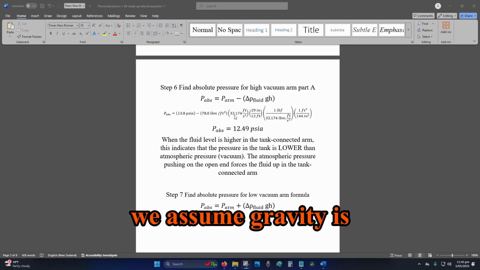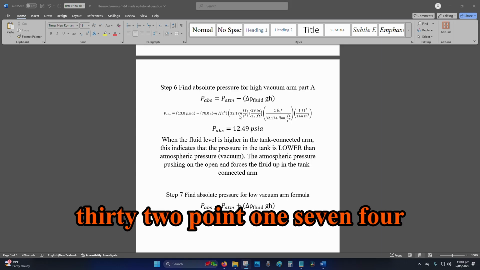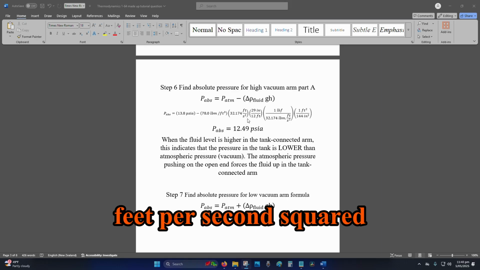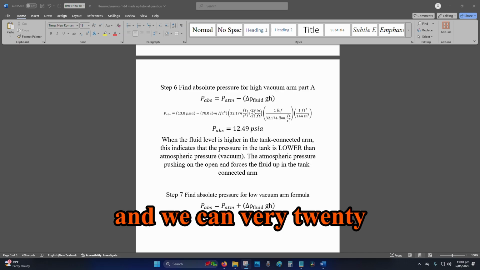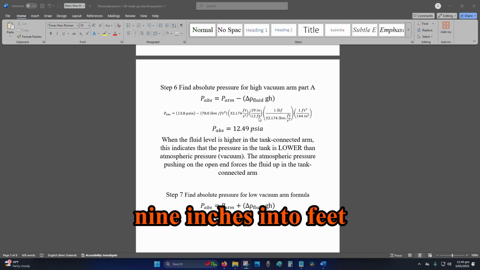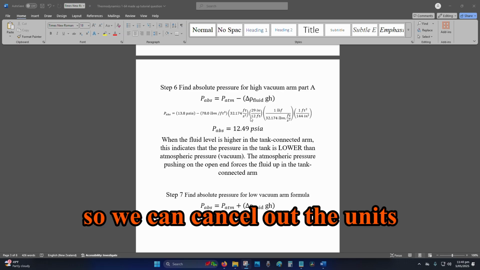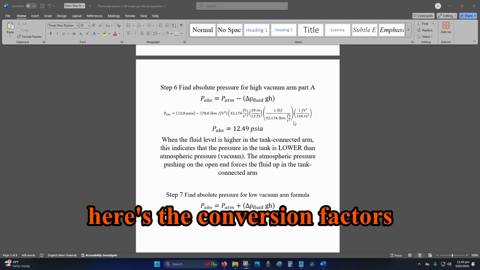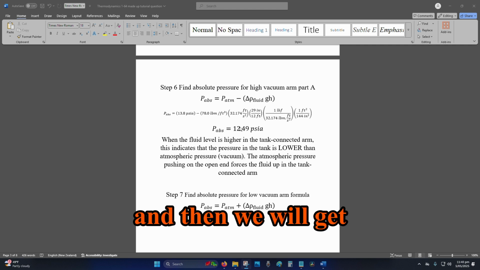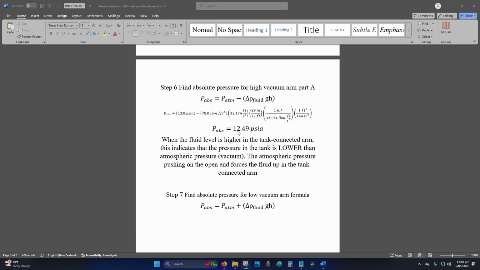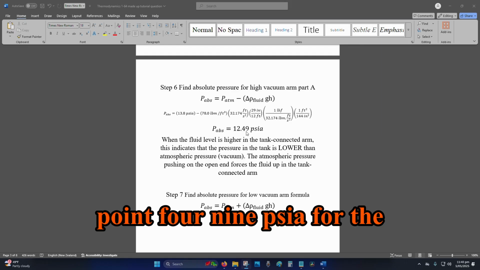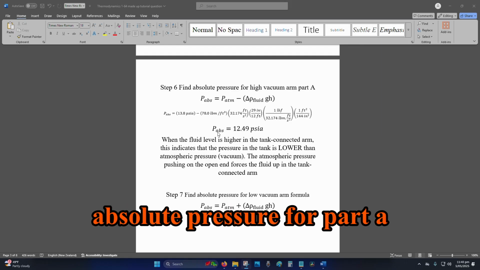We assume gravity is 32.174 feet per second squared. And we convert 29 inches into feet, so we can cancel out the units. Here are the conversion factors, and then we will get 12.49 psia for the absolute pressure for part A.